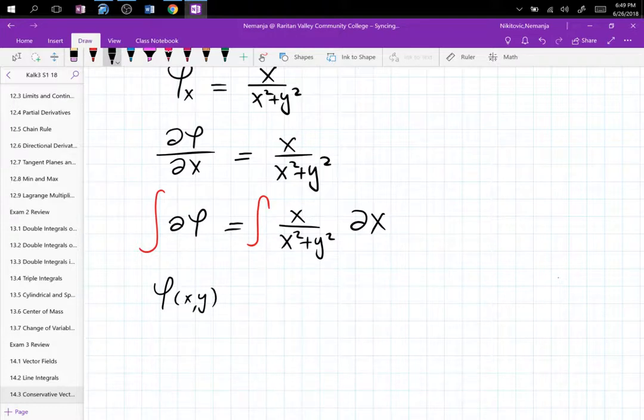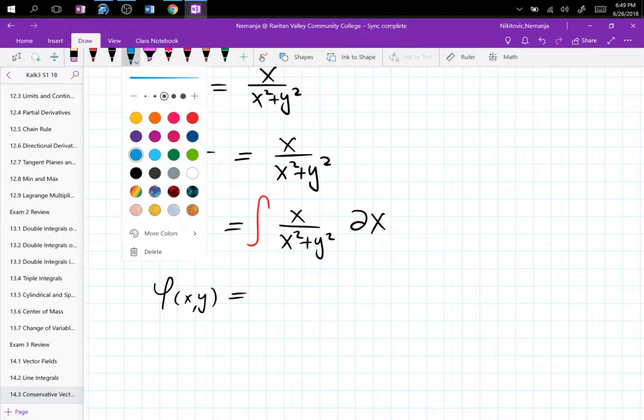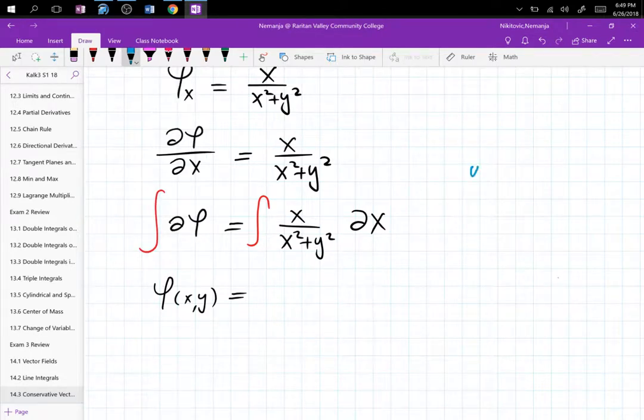Isn't that what you are looking for? We are looking for potential function phi. And on the right-hand side, well, I have to integrate. And hopefully for that, you will be using u-sub, because this is a basic u-sub problem. So for the u-sub, I have that u is equal to x squared plus y squared. du is the derivative.